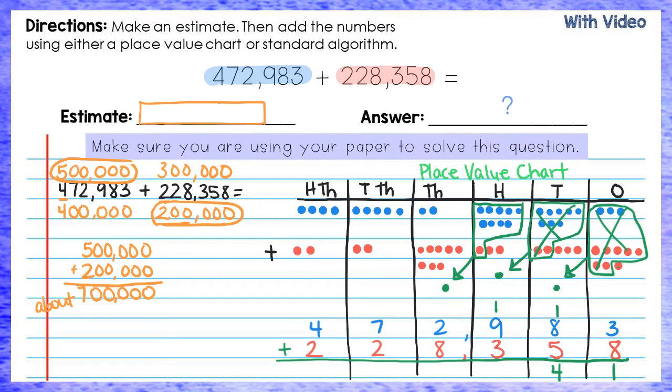So if I add up 1 plus 9, that's 10, plus 3 is 13. Since I can't have 13 in the hundreds place, I put a 3 in the hundreds place and a 1 in the thousands place, which is right here.